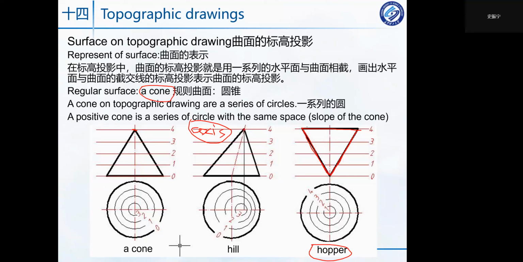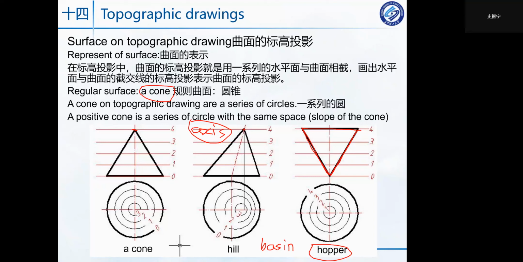But as for this shape, I think you can imagine it like a basin. The center of this shape is lower than the others.